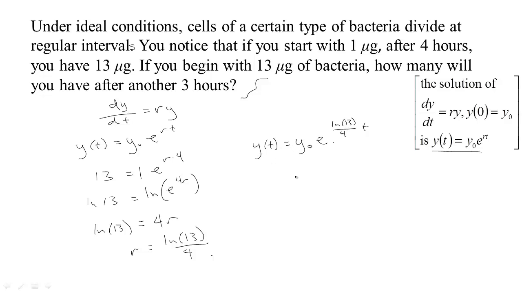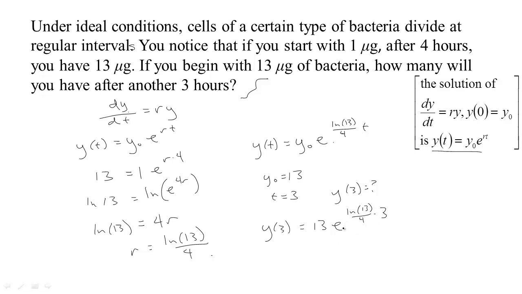If you begin with 13 micrograms of bacteria, that's saying y naught is 13, and you wait until t equals 3 hours. We want to know what y is at time 3. Well, y at time 3 would be y naught, which is 13, times e to the (natural log of 13 over 4) times 3.